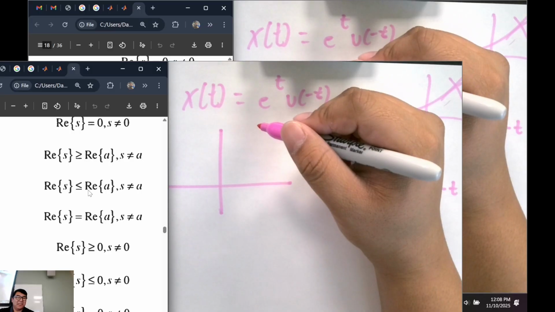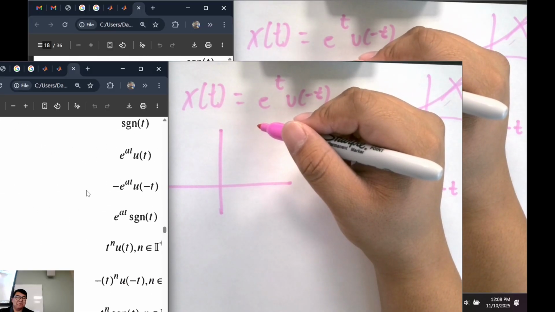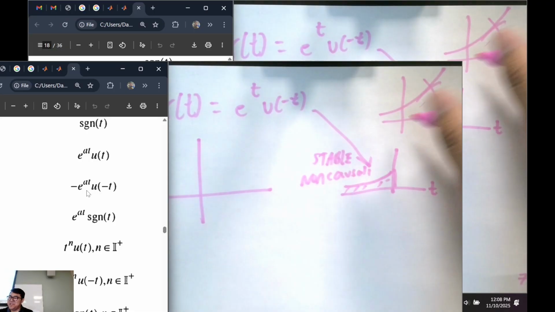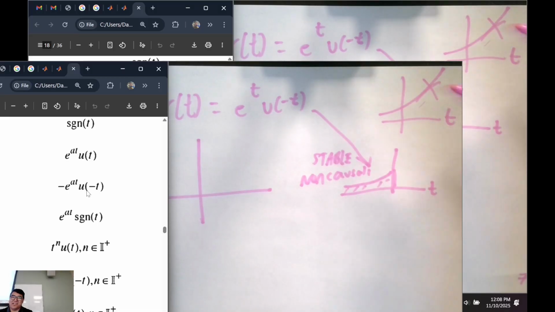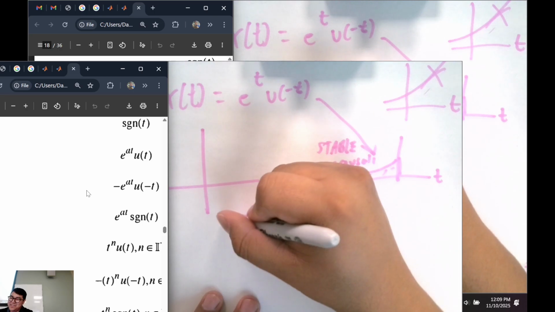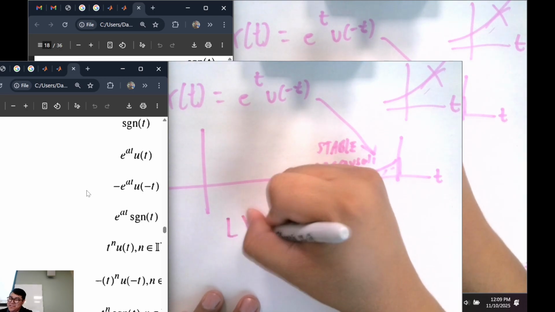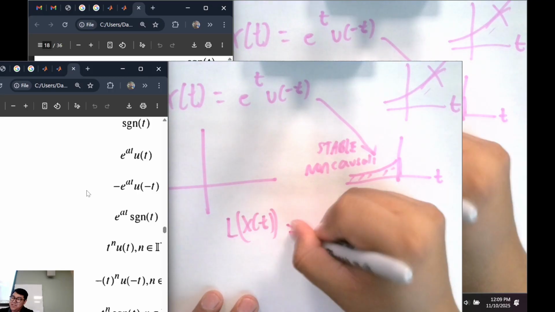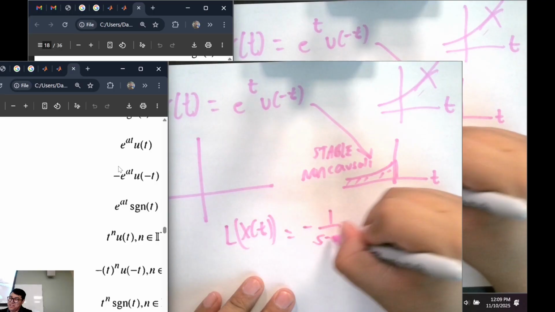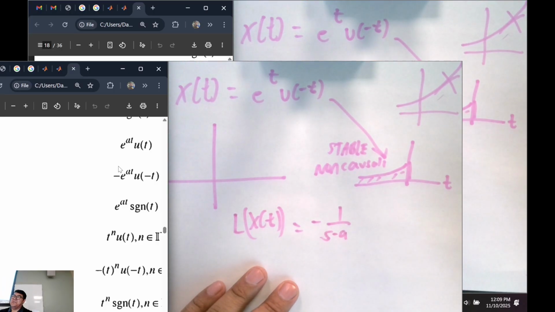There's a negative here, but that means this has got to be flipped. Yeah, let's just do the Laplace transform of x of t is going to equal minus 1 over s minus a. Is that good with everybody?